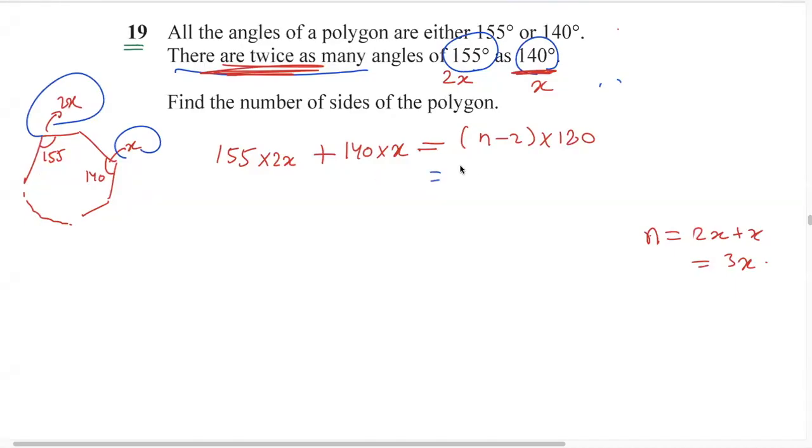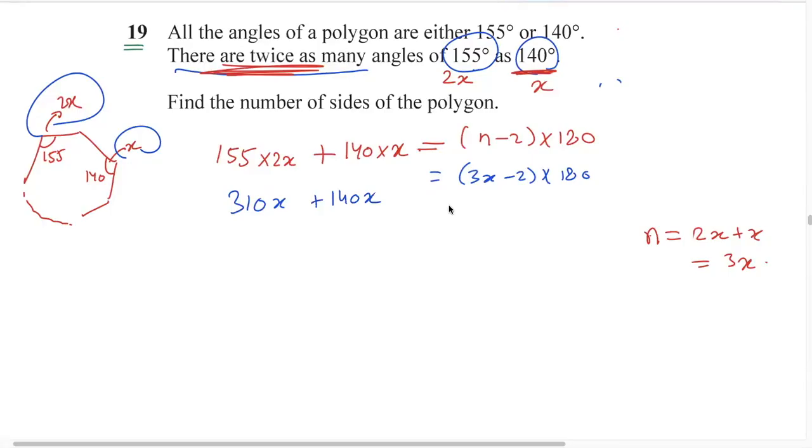So just replace with 3x minus 2 times 180 on the other side. Please allow me to use a calculator. Being a teacher for A levels, I've lost the touch of mental math. So 310x plus 140x. The good part is that now we have only one unknown, x.